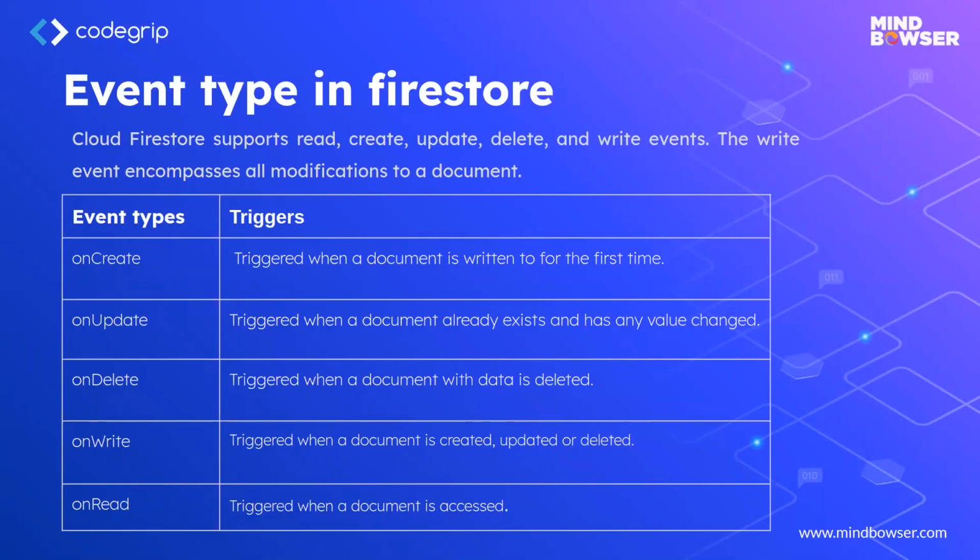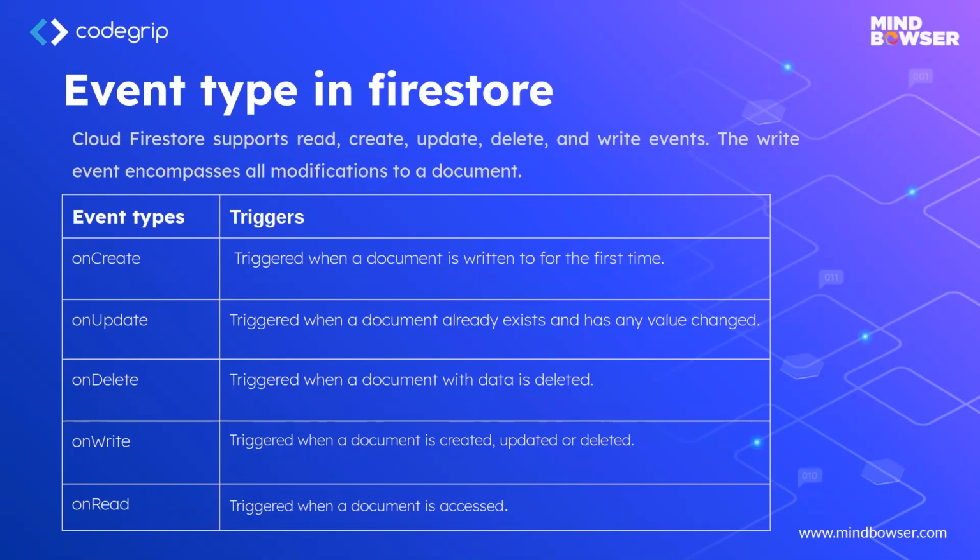Next is onUpdate, triggered when an already existing document is updated. Then comes onDelete, which triggers when a document with data is deleted. And onWrite, this will trigger when a document is created, updated, or deleted. Also for onDelete, onWrite, and onUpdate, we will need the document ID for necessary modification.